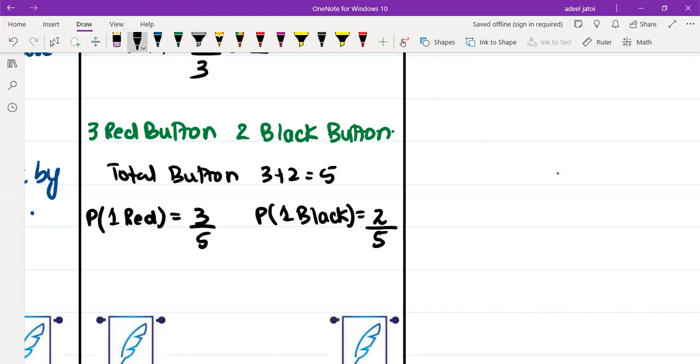So that will be 3 upon 5. Similarly, to choose one black button, we have 2 black buttons, so the probability will be 2 upon 5.